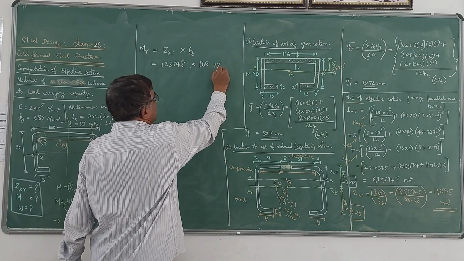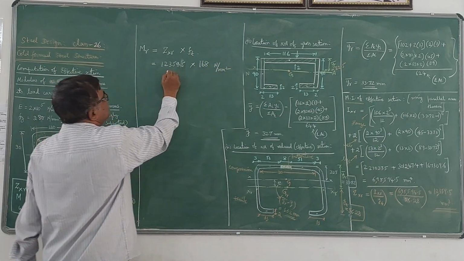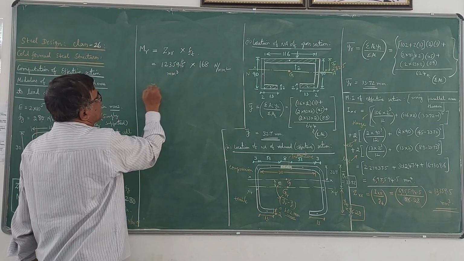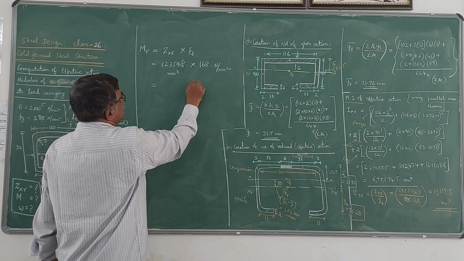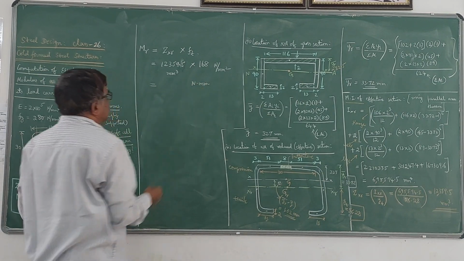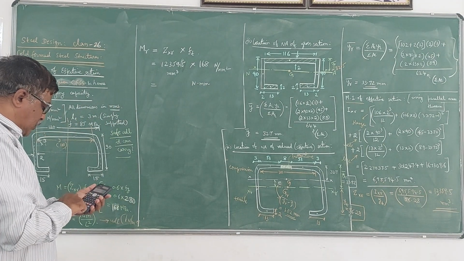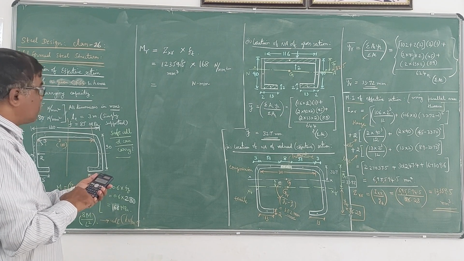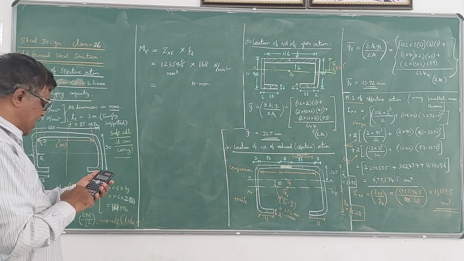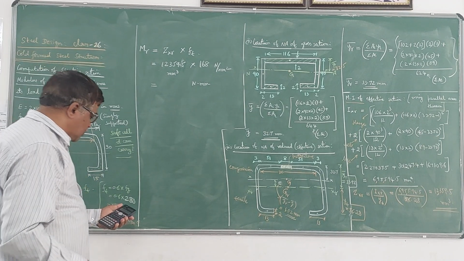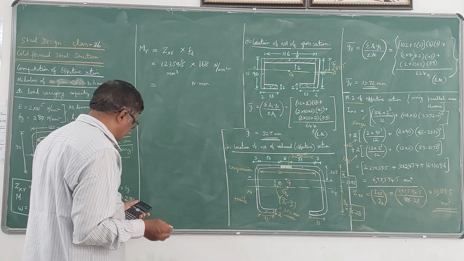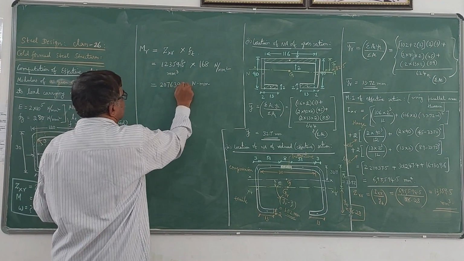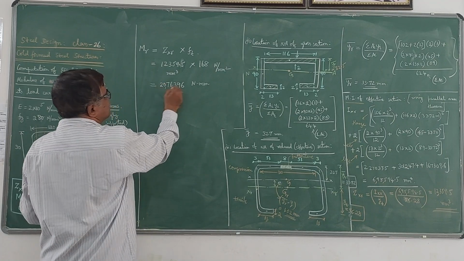This is in Newton per mm square, whereas ZXR is in millimeter cube. When you multiply these two, you get the answer in Newton millimeter. 12359.5 multiplied by 168 comes out to be 2076396 Newton millimeter.